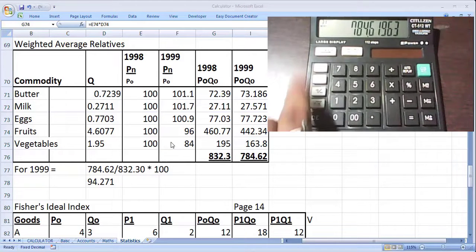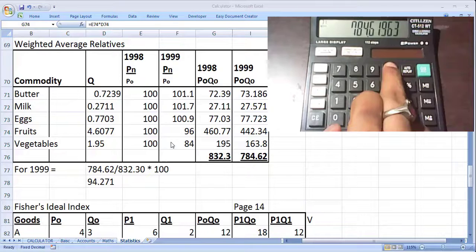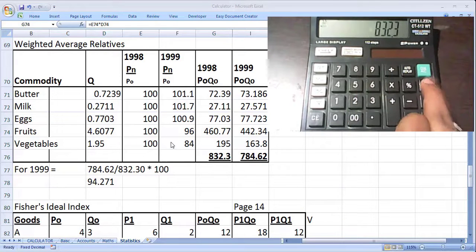So if you do the grand total, we got 784.62. So the entire numerator value we got, divided by, just press MRC, 832.3, then press equals to get 0.94.